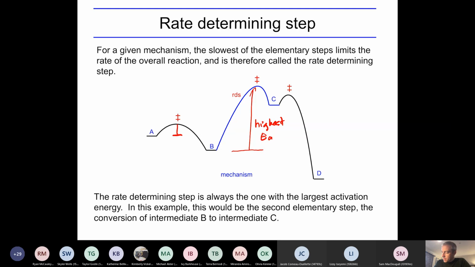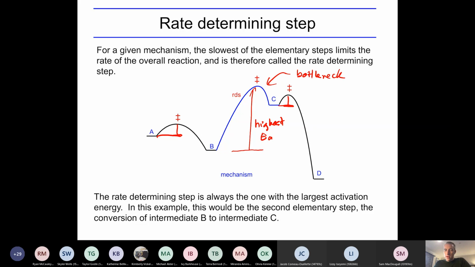Much higher than this and much higher than this, right? So as a result, the whole reaction will take place at the same rate as that slow step. All the other steps don't really factor in to the rate of the overall reaction. Basically, you could call the rate determining step the bottleneck.